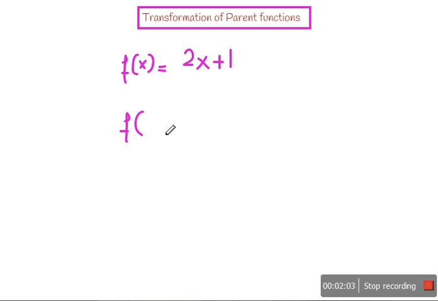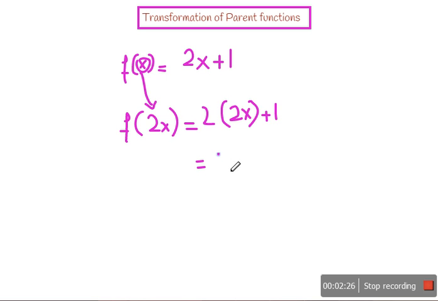But in case of x, if I'm multiplying 2 with x, x would be replaced with 2x in the function. So 2 times 2x is 4x, and then plus 1. Okay, this would be the answer.